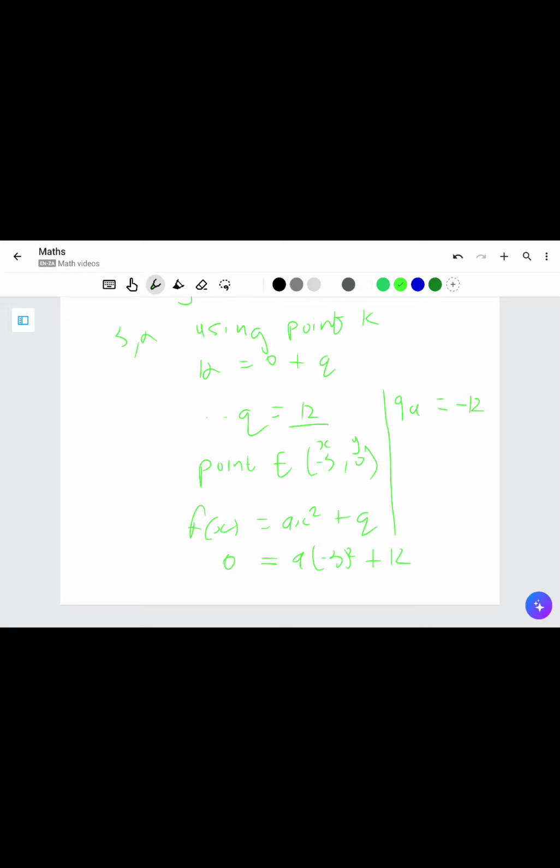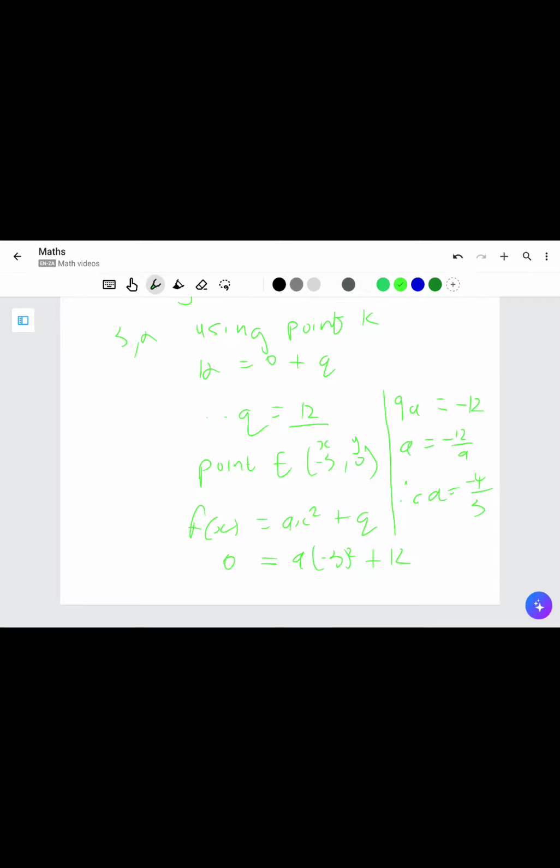We divide both sides by 9, so a equals negative 12 over 9, and there is a highest common factor of 3, so therefore a equals negative 4 over 3.